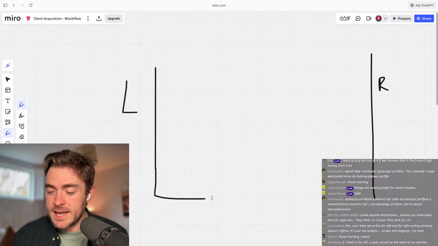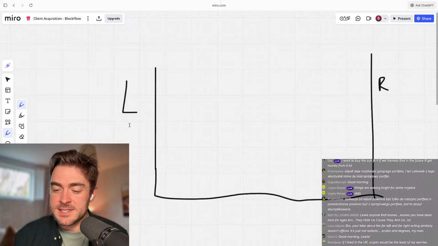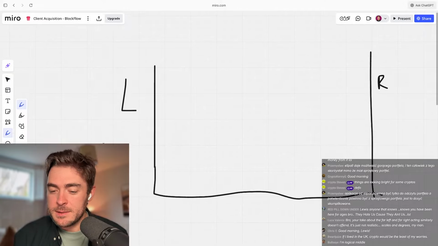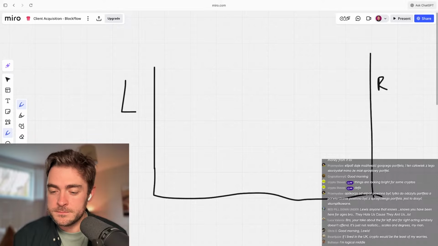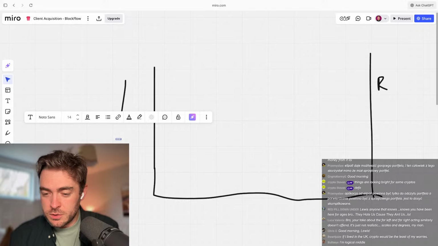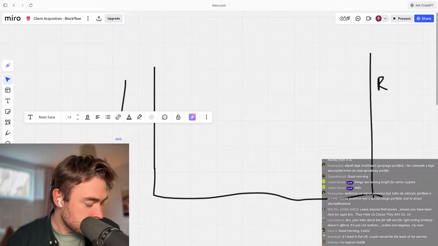So if we say that the y-axis, that's this long one on the side, is emotional, how can we say it? Let's call it emotional reaction.